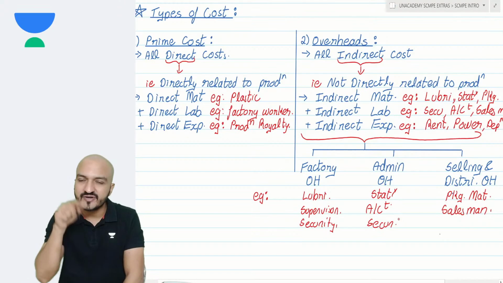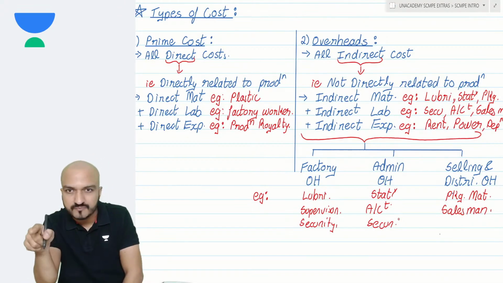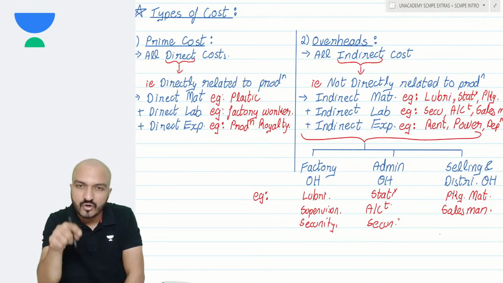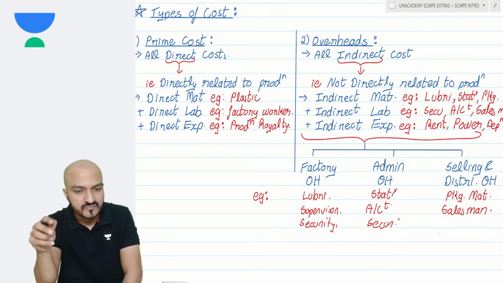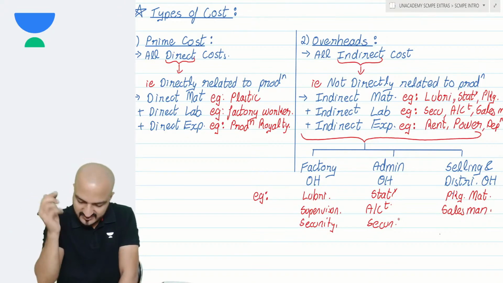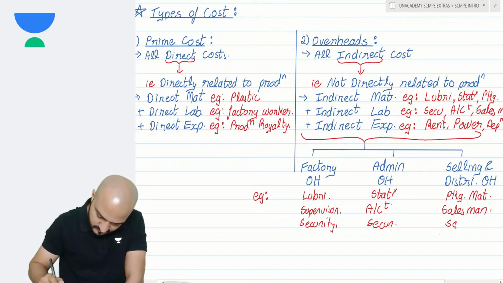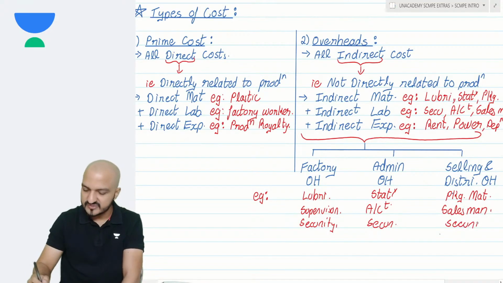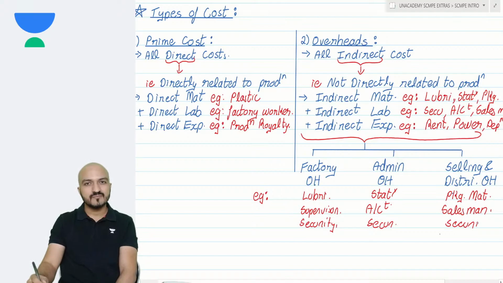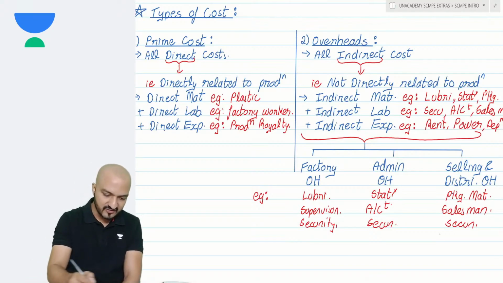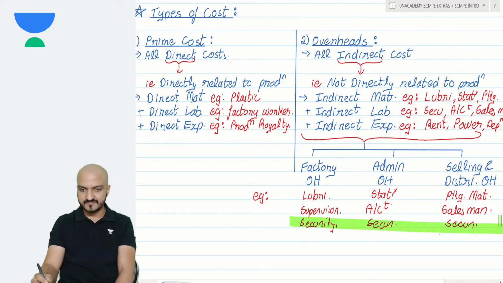And if the same security guard is stationed at the showroom, securing the showroom, then his salary becomes selling overheads. Do you realize security guard can fall at any of the three places?